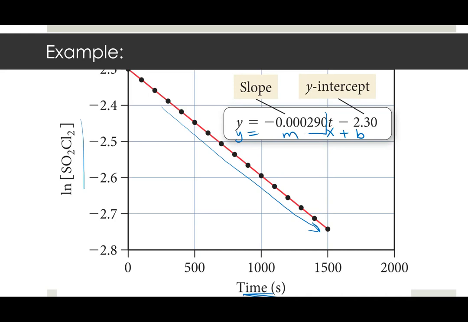So if you can identify this guy right here as your slope, so your m, so m equals slope, and then the application for us is that's going to be our k value. So the k value for this particular equation is negative 0.000290. So this could be another way that we could determine the order of a reaction. So if we can monitor concentration, if we can monitor time, throw that into a graph. This is one way we could determine is that first order, second order, third order.